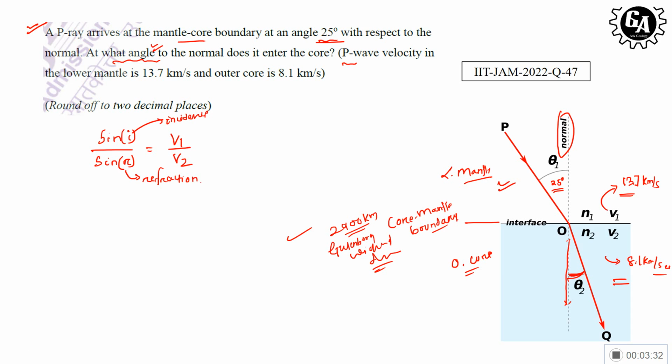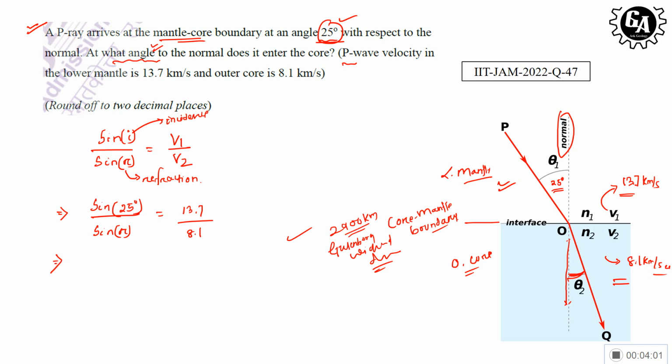So we have the values. What is the I value? That is given to be 25 degrees, the angle with respect to the normal at the core mantle boundary. So sine 25 degrees divided by sine R, this R we have to calculate, is equal to v1, 13.7, divided by 8.1. The kilometer per second will cancel out.